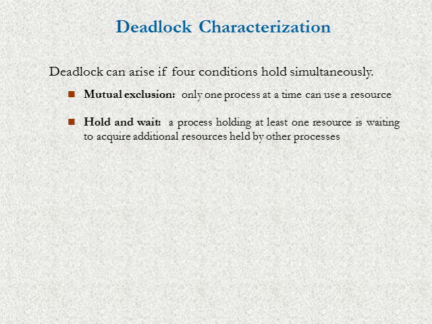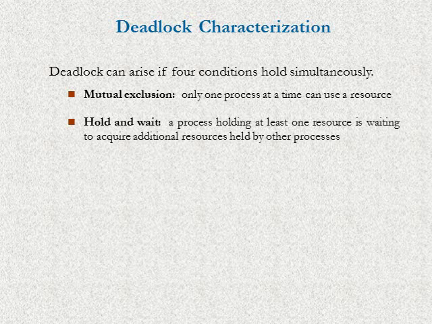The second condition is hold and wait. Once we have a resource which is of mutually exclusive type, the second condition is that a process is holding that resource and requesting another resource which is again of mutually exclusive type.